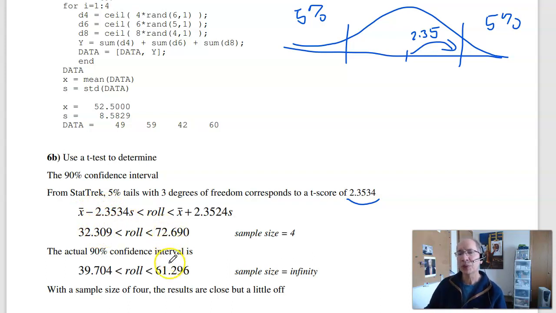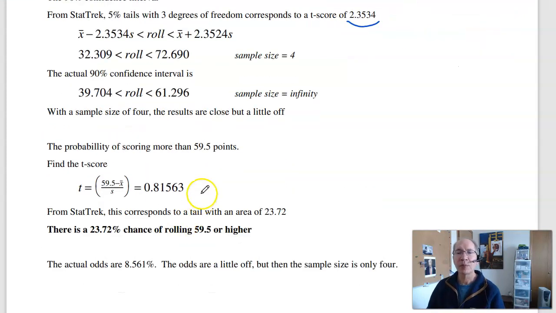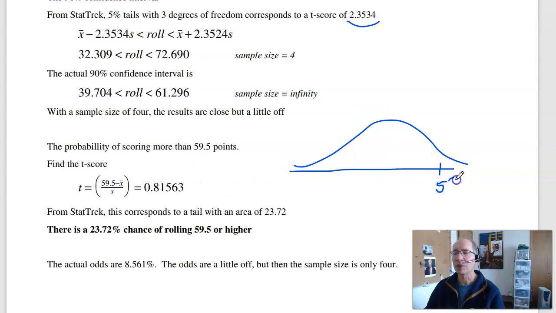And that's pretty close to the actual results from Monte Carlo. A little bit wrong, but then I only have a sample size of 4. So it's actually not too bad considering my small sample size. The probability of getting numbers bigger than 59.5. Same thing. I've got the number 59.5.